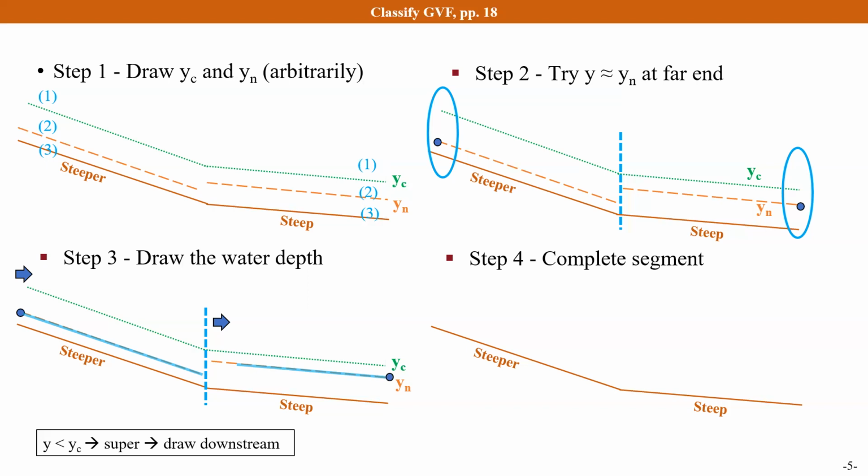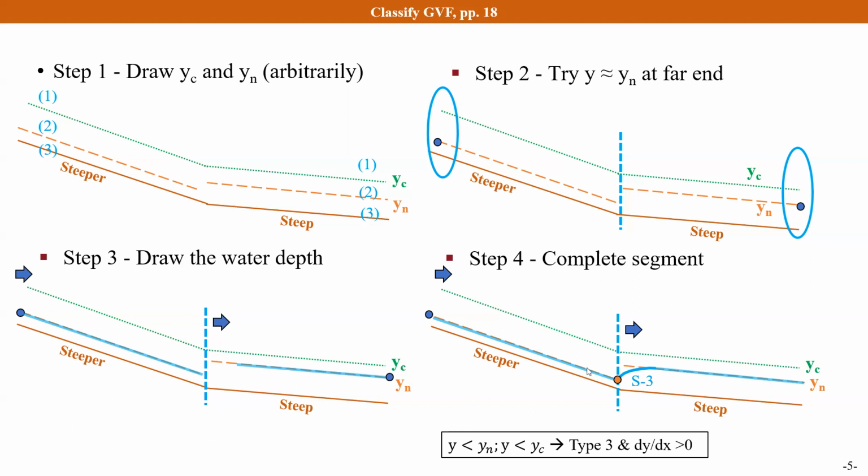For a supercritical flow, the transition of the slope only affects the downstream. Therefore, we'll leave a space at the downstream here. The next step is to complete the segment to fill out the space here.